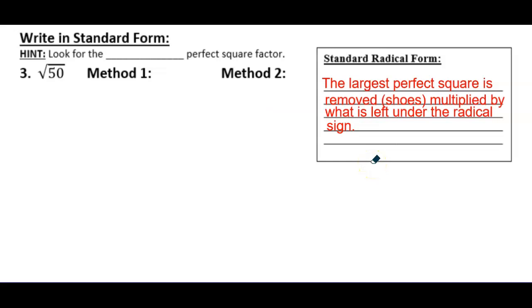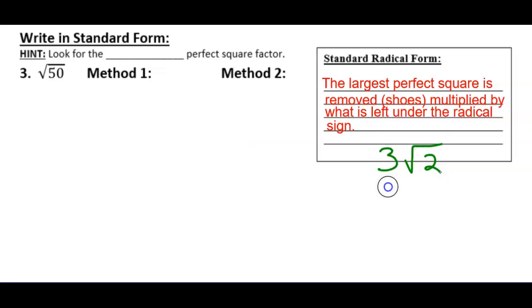Standard radical form is where the largest perfect square is removed, or on the outside, and that's our shoes, and that'll make more sense when I explain method 2. And that's going to be multiplied by what is left underneath the radical sign. So for instance, that might be 3 times the square root of 2. Okay?